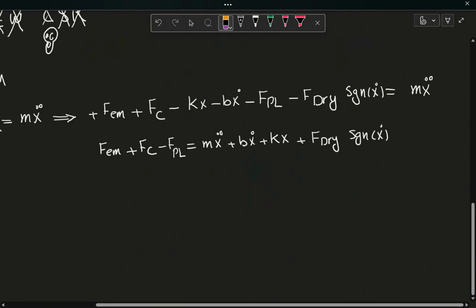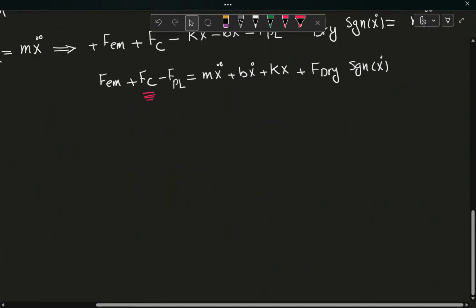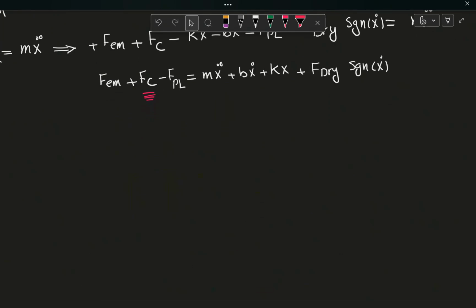However, we still need to take care of FC. We have not taken care of this yet. Now, you notice that when the plunger is at the seated position, and your x dot is 0, your x is 0, your x double dot is 0, then you have basically FEM plus FC minus FPL equal to 0.